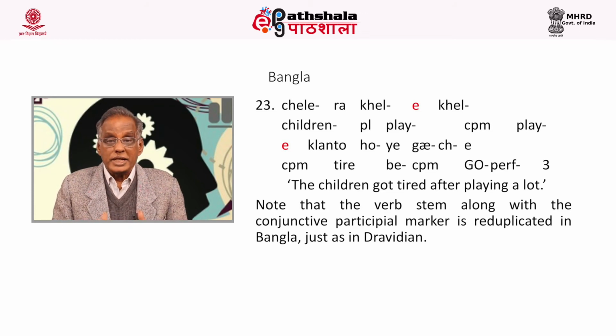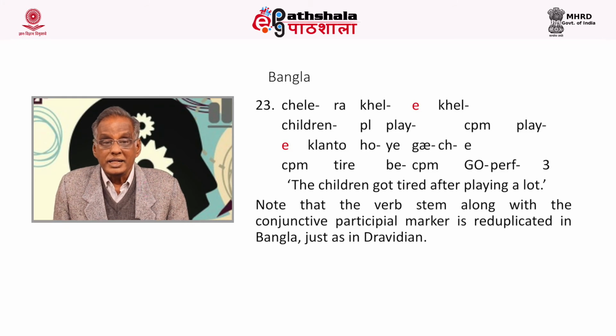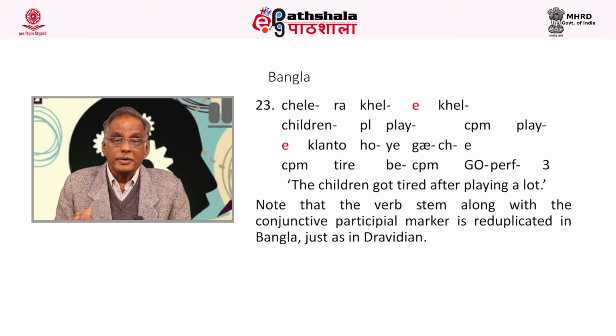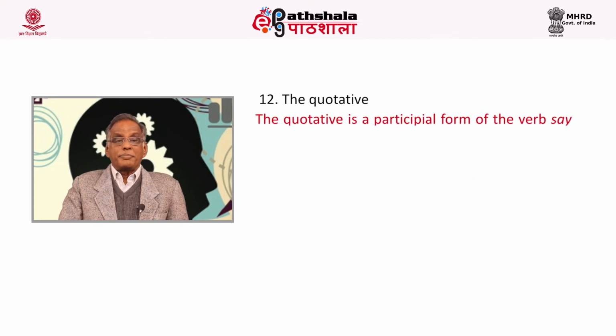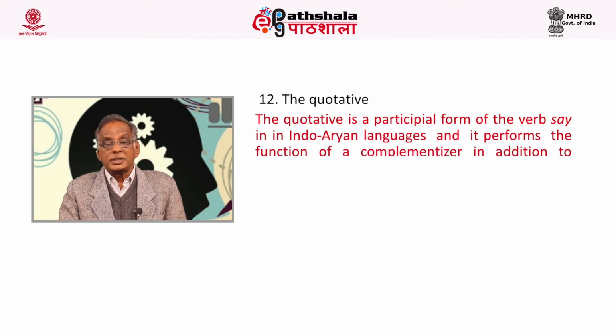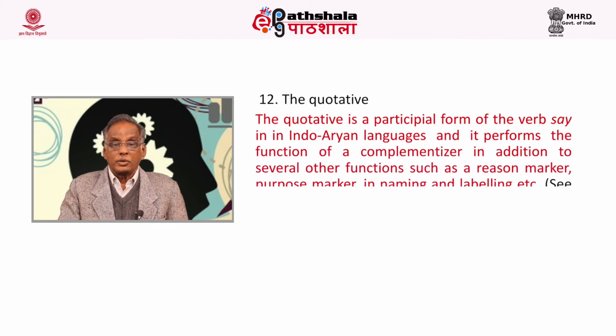Therefore, as one would expect, it is aadi aadi, not aad aadi. Whenever you have a bound form, just as in Bangla, Konkani, Marathi, Assamese, Odia, you have to have the conjunctive participle marker occurring twice in a reduplicated form. Another important feature that you find in South Asian languages is the quotative.